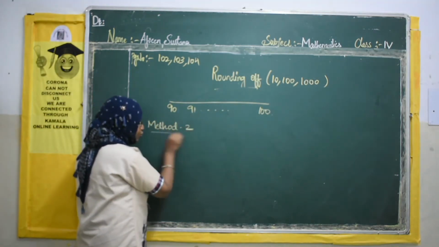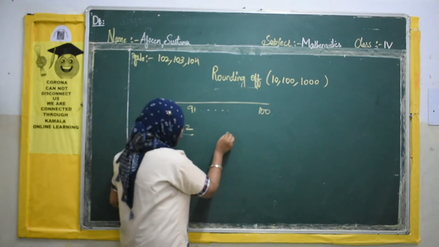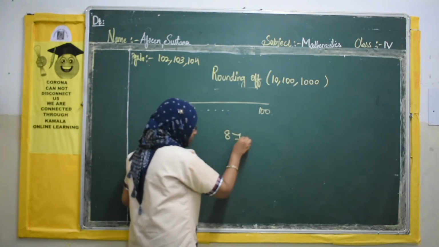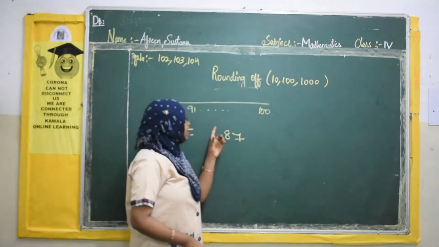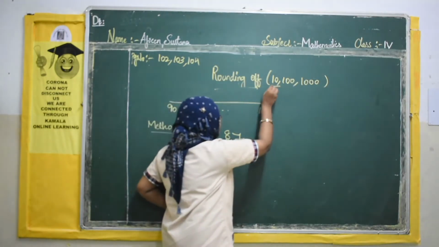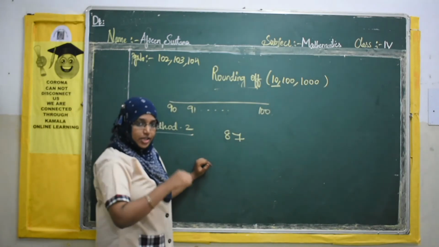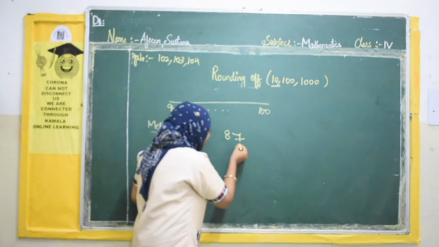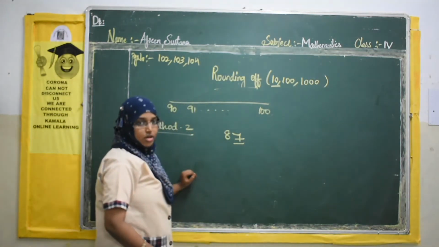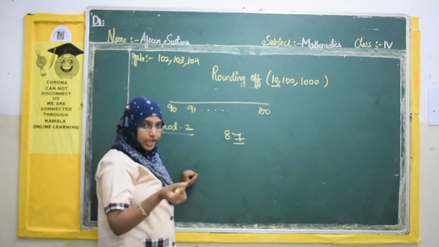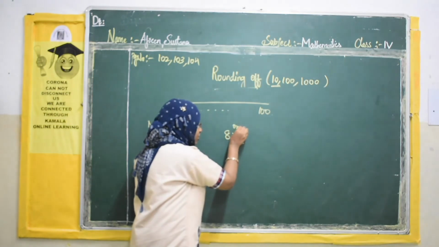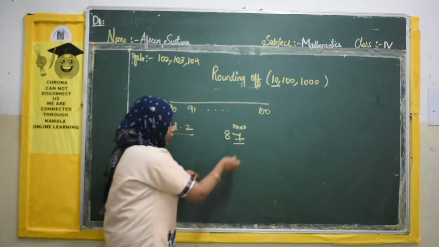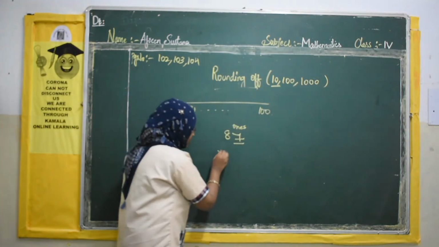Method number 2: supposing they have given 87. Now we want to round off 87. This is rounding off to the nearest 10. Whenever you are rounding off to the nearest tens, you will check the value at the one's position. At the one's position it is 7.